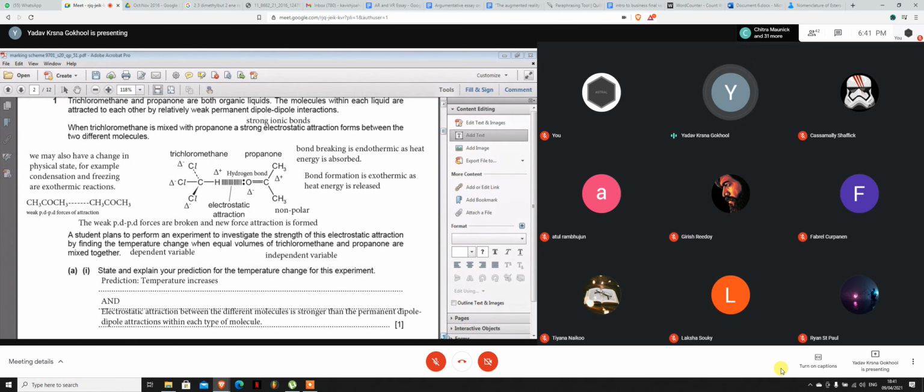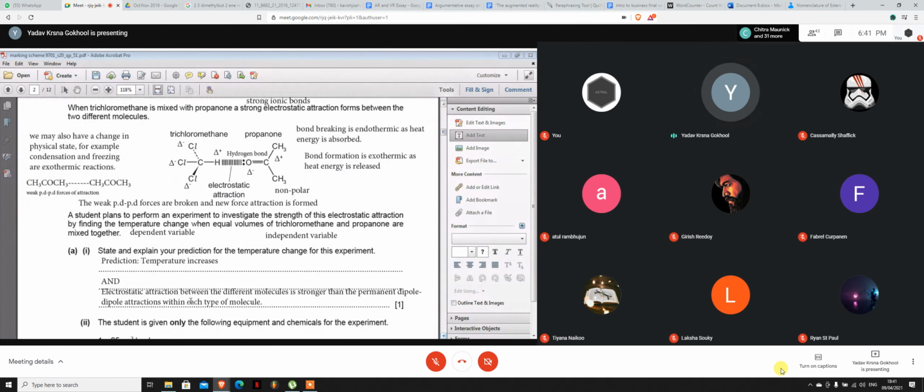Prediction: temperature decreases, and you write down if the bond broken was stronger than the bond formed, then more energy would have been absorbed. I repeat again, if the bond broken would have been stronger than the bond formed, then more energy would have been absorbed than released.